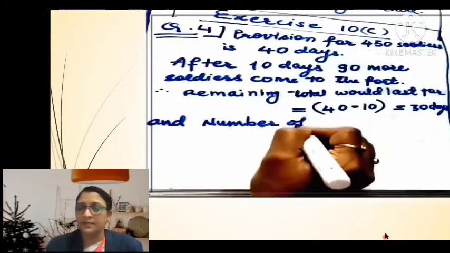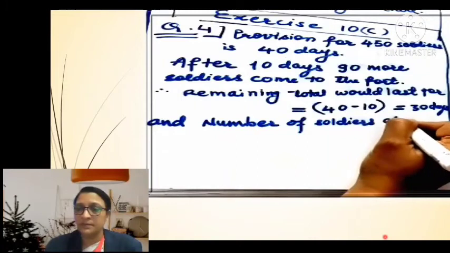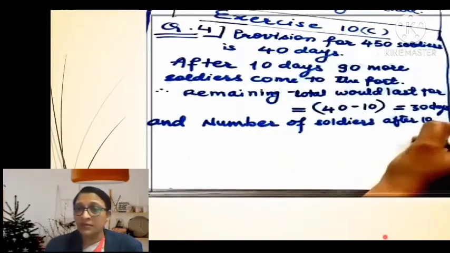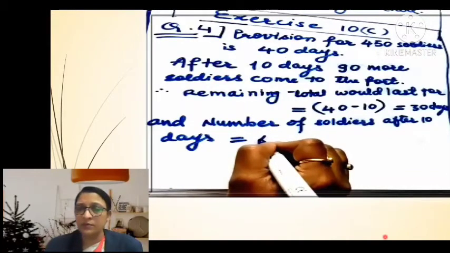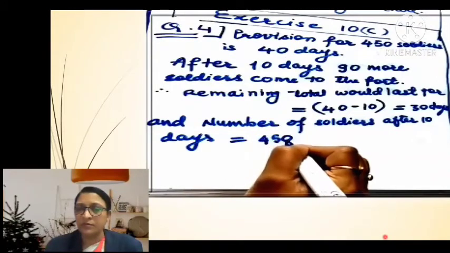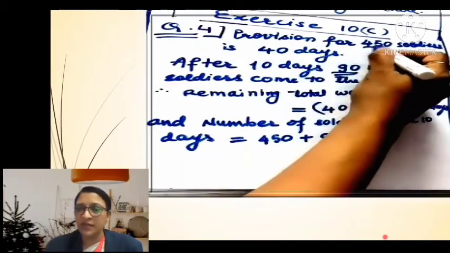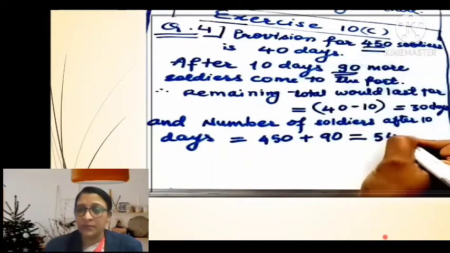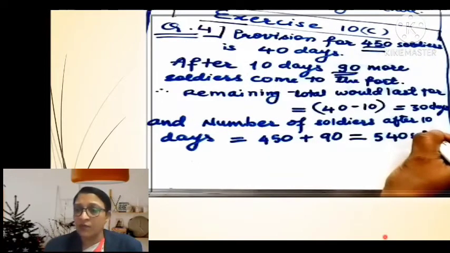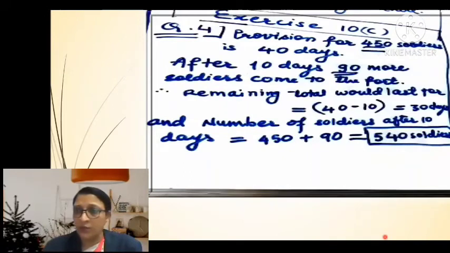And the number of soldiers after 10 days is equal to 450 plus 90, because 90 more soldiers are getting added with the troop. So we will add it with 450. That is equal to 540 soldiers. Now 540 soldiers are there on the fort.